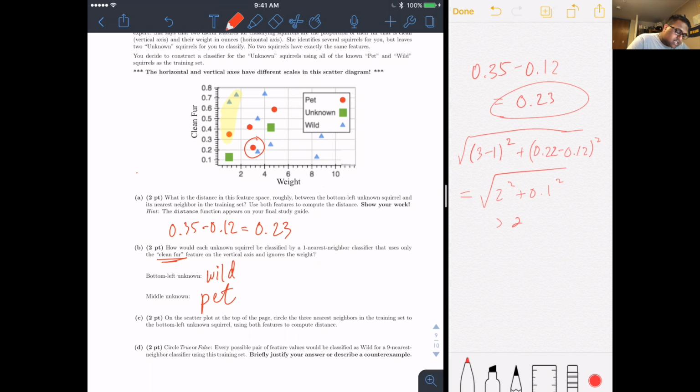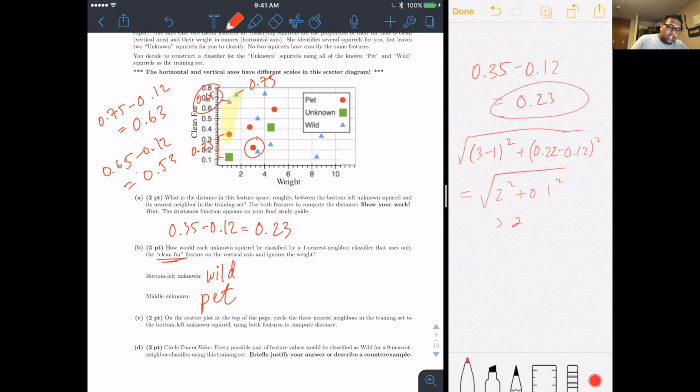Whereas here, the distance is only 0.23. The y value of this is approximately 0.65, and this guy's slightly more than that, say 0.75. So these distances, 0.75 minus 0.12, that's 0.63. And 0.65 minus 0.12, well, that's 0.53.